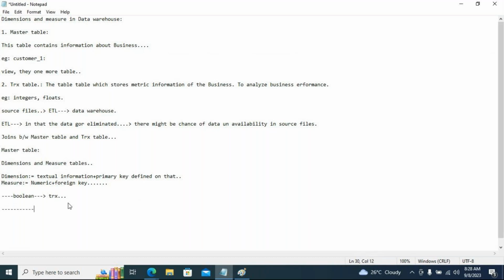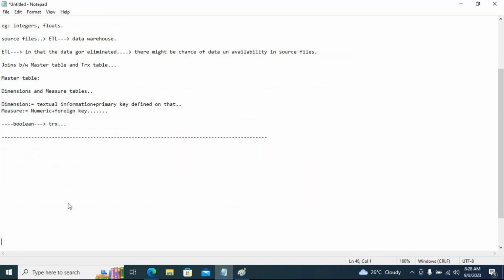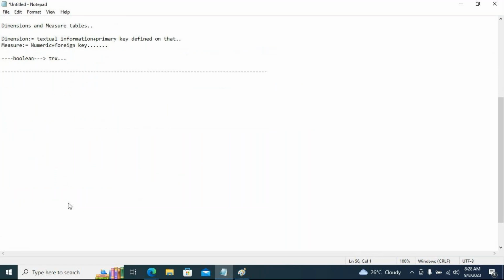Here master tables and transaction tables are classified, but when it comes to dimensions specifically, those are again classified into n number of types based on the behavior of the data in the table.